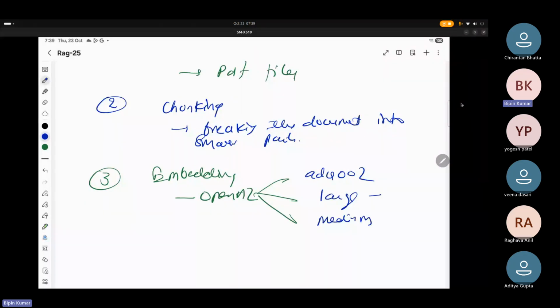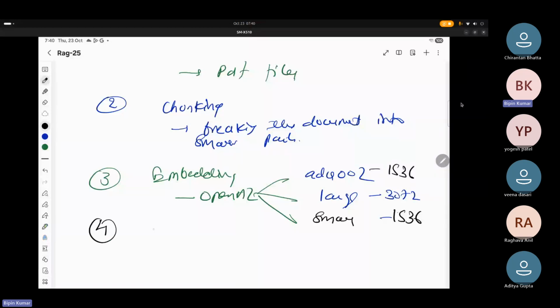So large has the dimension of 3072. Sorry, not medium, it's small. Small has a dimension of 1536, and Ada 002, I think, is also 1536. Please check for Ada 002, but you can cross check it.